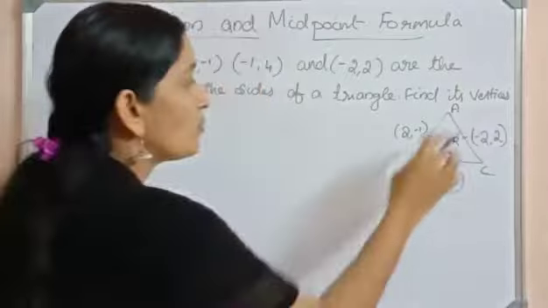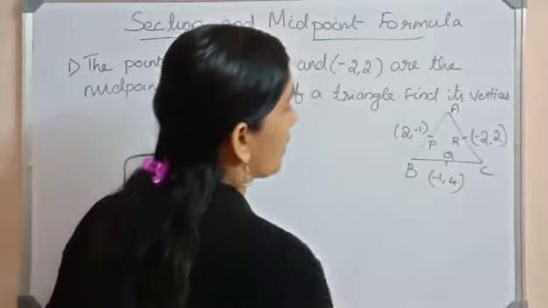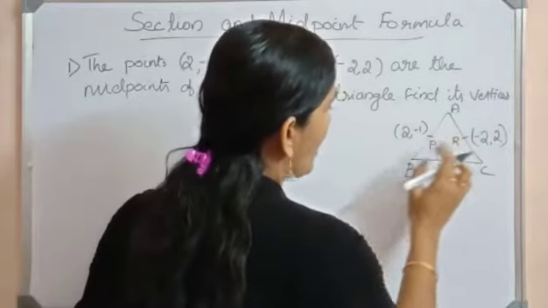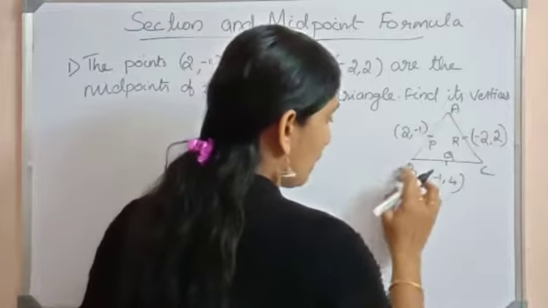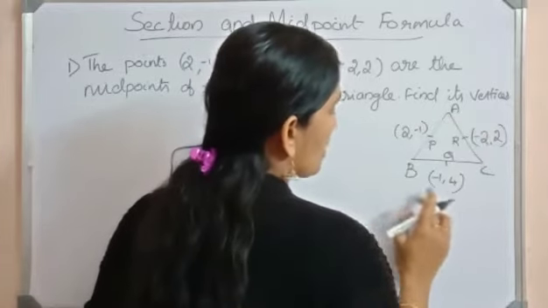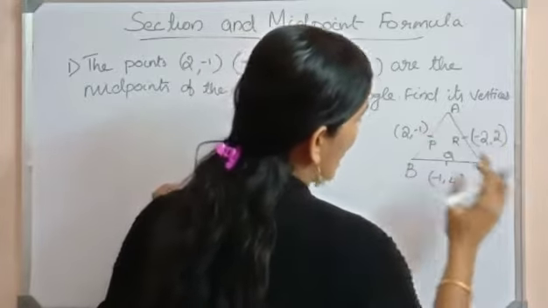We need to find the vertices of the triangle, that is, we need to find A, B and C. It's given that P, Q and R are the midpoints. So (2, -1) is the midpoint of AB, (-1, 4) is the midpoint of BC and (-2, 2) is the midpoint of AC.